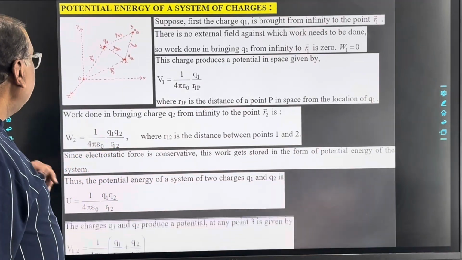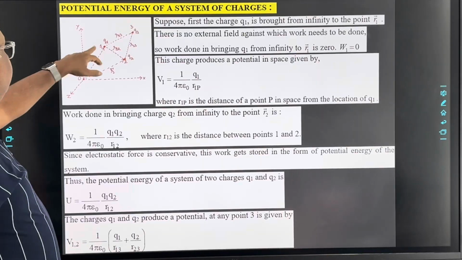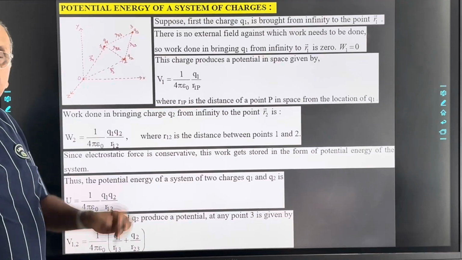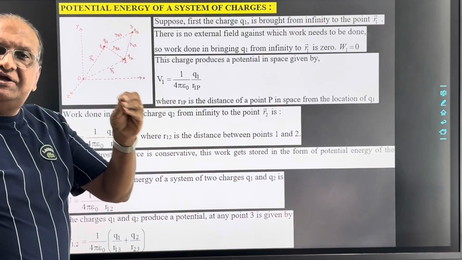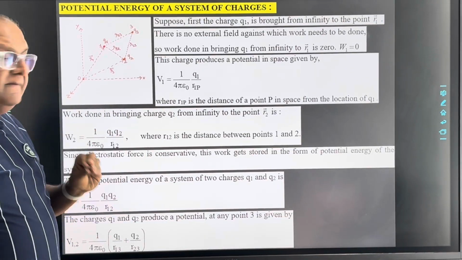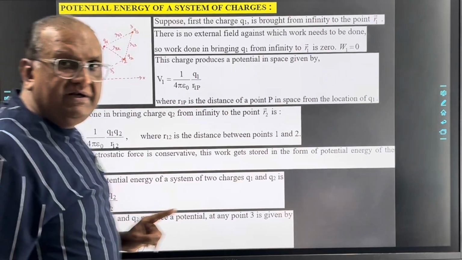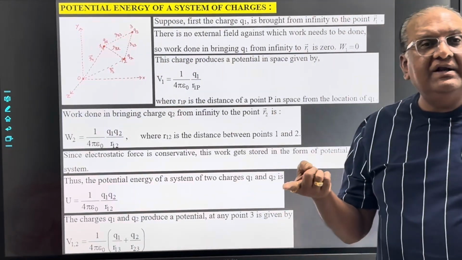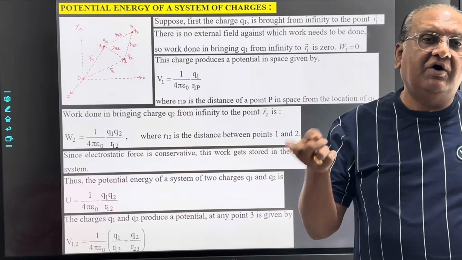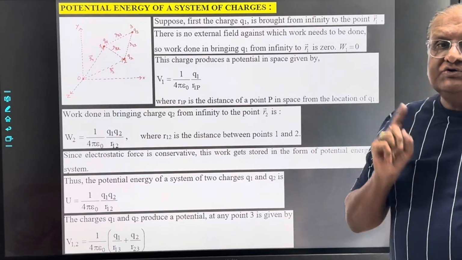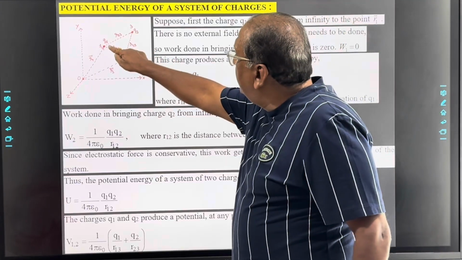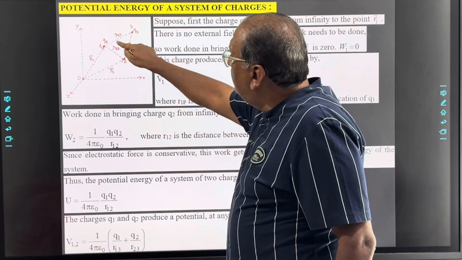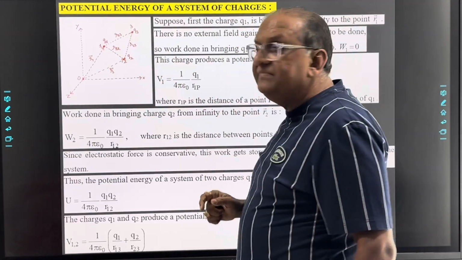Okay. Now suppose we think about any third point where we want to place charge Q3. Then at that particular point there will be the potential of charge Q1 as well as the potential of charge Q2. So the potential of Q1 at Q3 is 1 upon 4 pi epsilon 0 Q1 upon R13.